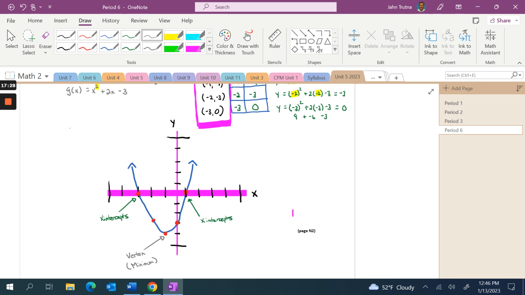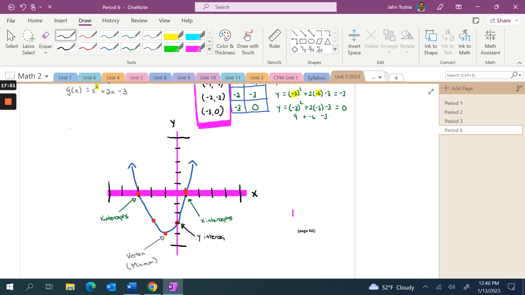It's a minimum because nothing is lower than that vertex point. And one more key feature you need to be aware of: the point that the black arrow is pointing at is known as the y-intercept.